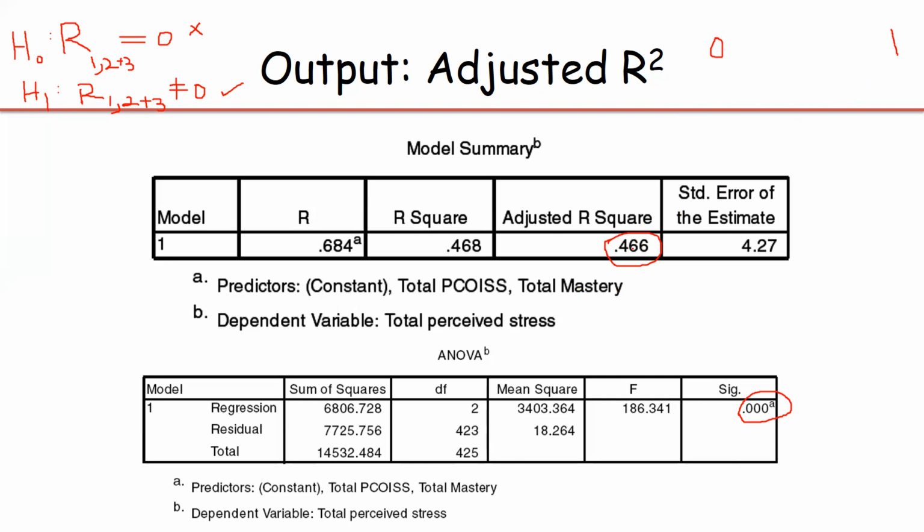How can we explain the adjusted R square, and what is this number 0.466 indicating? It indicates that 46.6% of the variation in stress is due to these two predictors, variable number 2 and variable number 3, PCOISS and the mastery control.